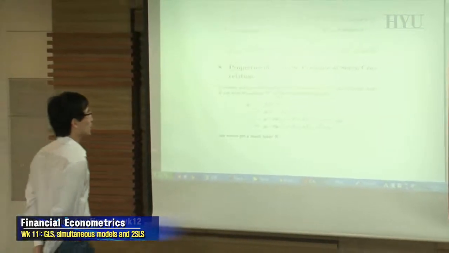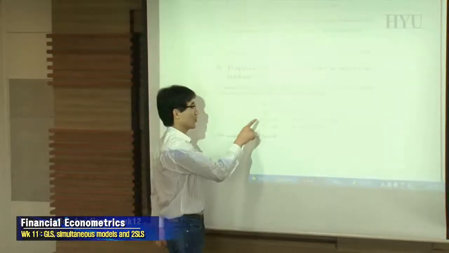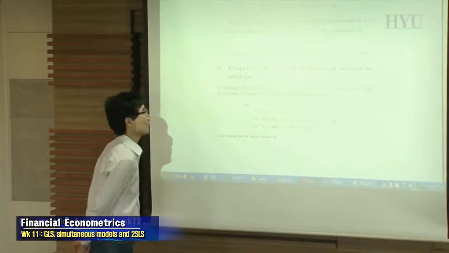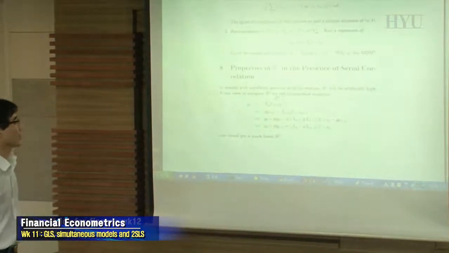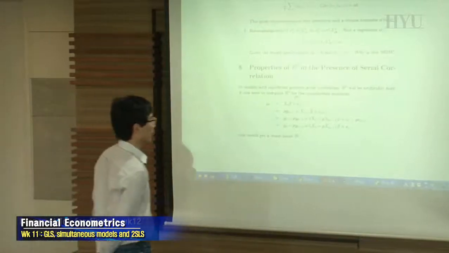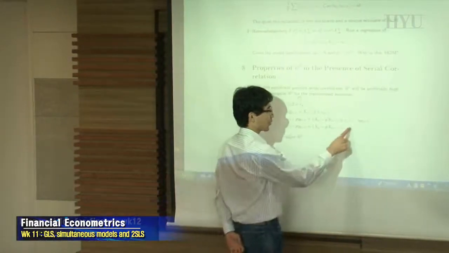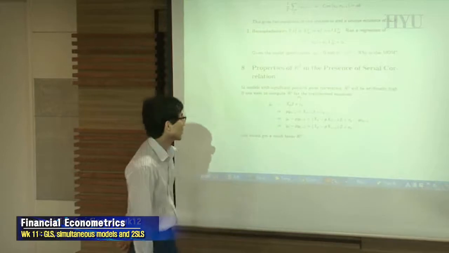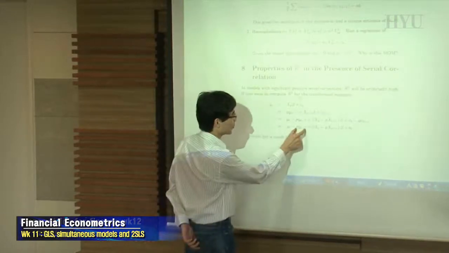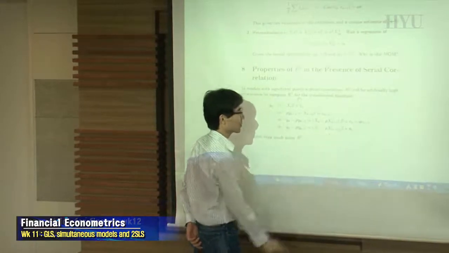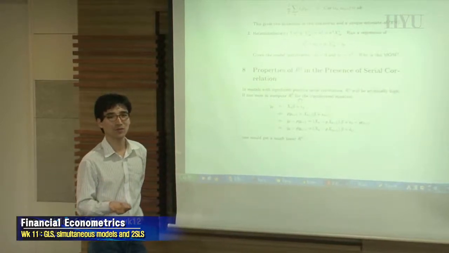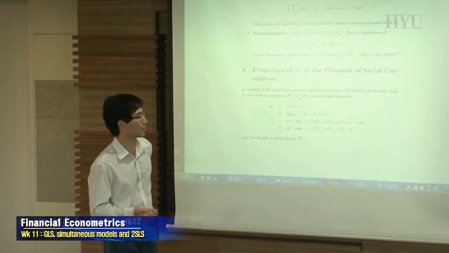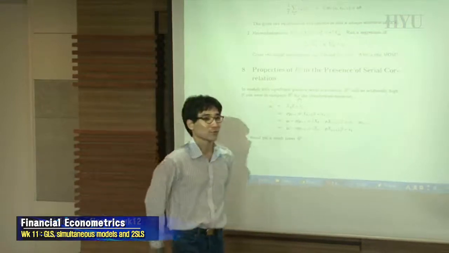And then if we subtract this one from this one, we have yt minus rho yt minus 1 equals xt minus rho xt minus 1 beta plus epsilon t minus rho epsilon t minus 1. But given our assumption, this one should be equal to et. And then next, we can move this one over here and separate this and simply run the regression, then we estimate everything.